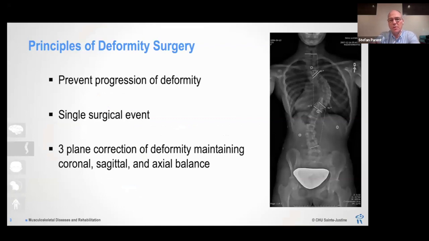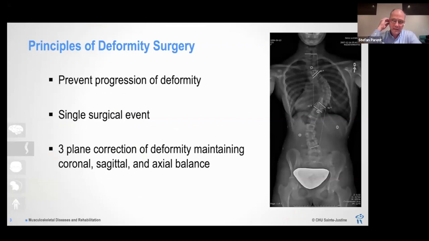So the principles of deformity surgery, a little bit like Jean just said, are to prevent progression of the deformity. We try to do this in a single surgical event. Sometimes we need to do more than one, but typically we try to do it in a single event, and we try to address the three planes while doing that correction.